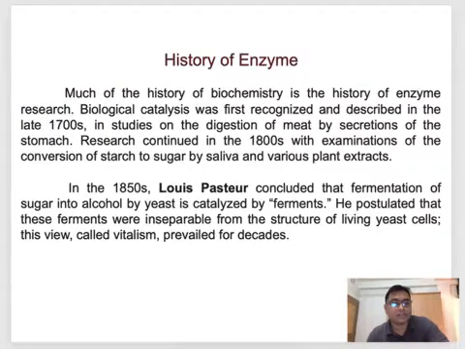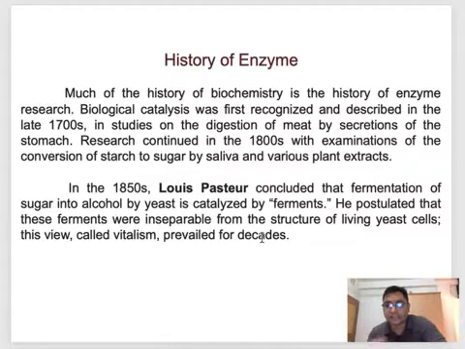So let's talk a little bit about the history of enzymes. When the idea of enzymes first came out in the late 1700s, some scientists showed that meat can be digested by the secretions of the stomach.